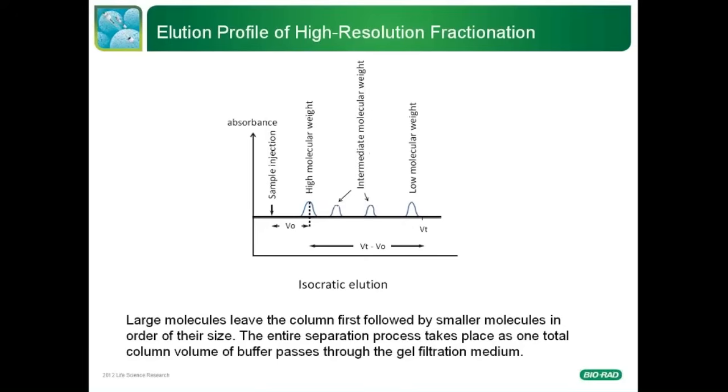So they're equivalent to, on this picture, high molecular weight. So large molecules leave the column first, followed by smaller molecules in order of their size. The entire separation process takes place as one total column volume of buffer passes through the gel filtration media.